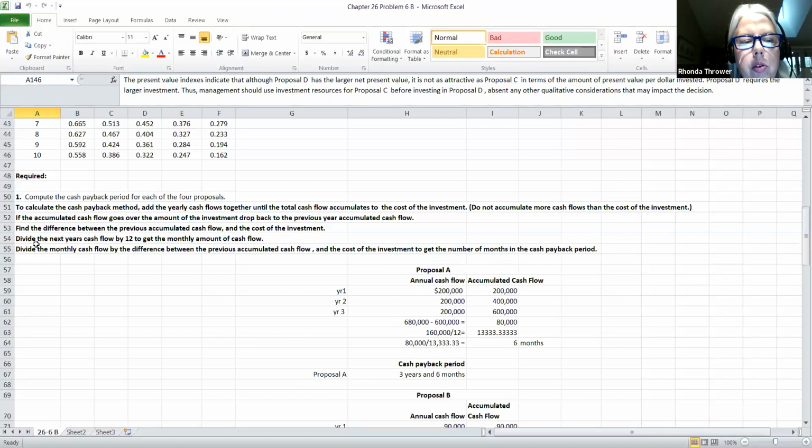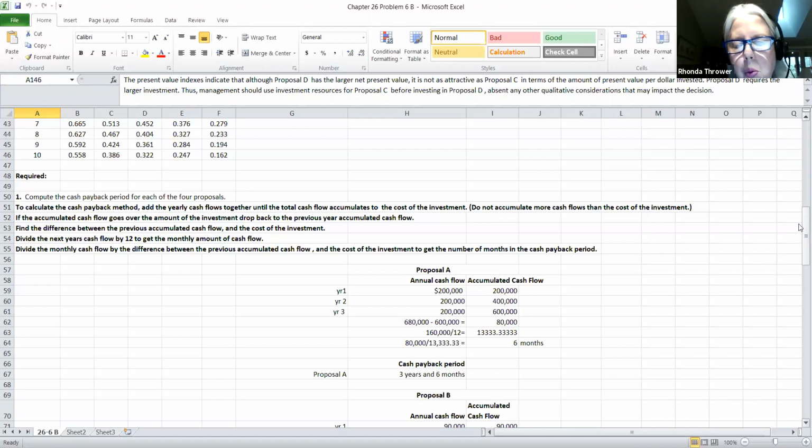Next, we divide the next year's cash flow that was given by 12 months to get the monthly amount of cash flow. And finally, we divide the difference between the previous accumulated cash flow and the cost of the investment by the monthly cash flow. So these are the steps it takes to compute the cash payback period.